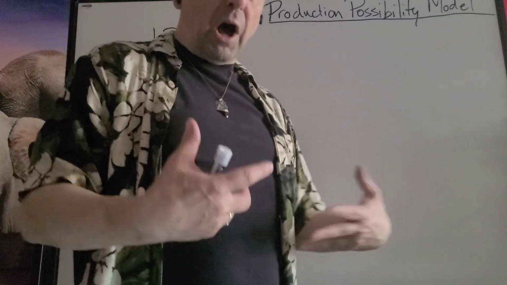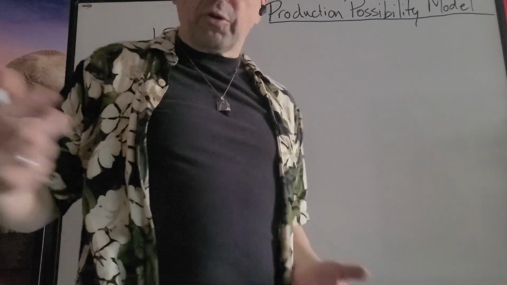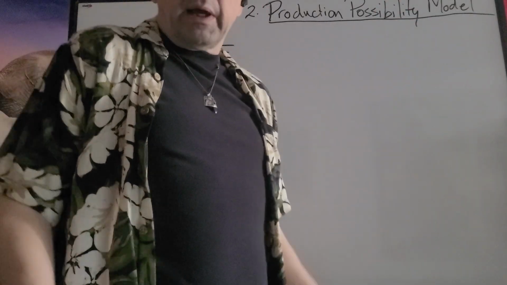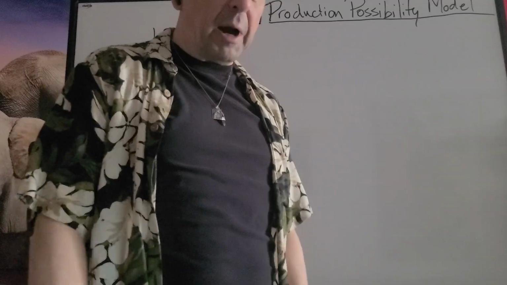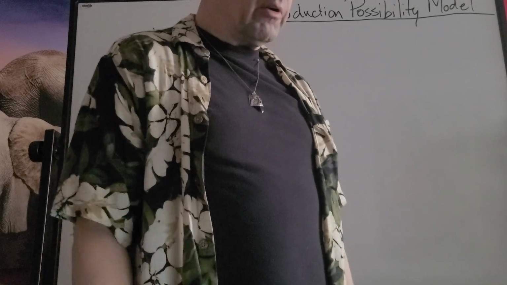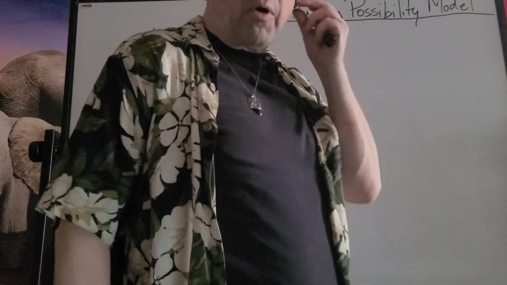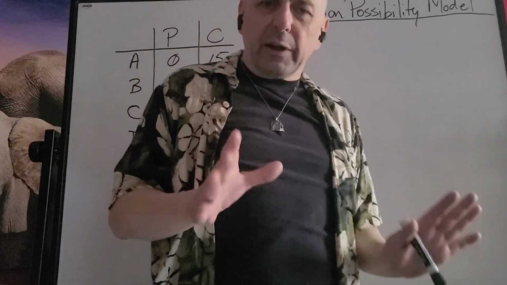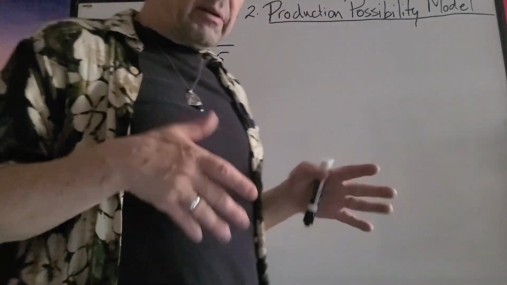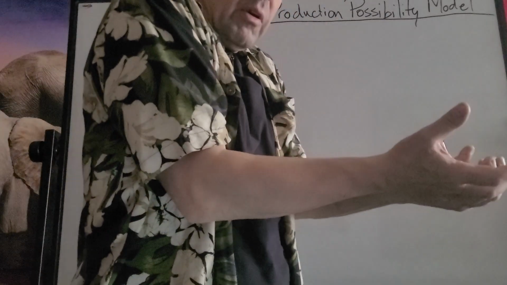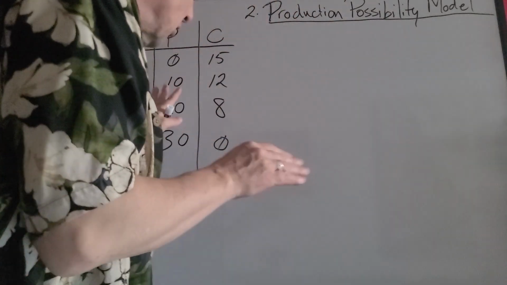Labor being our time and effort that it's going to take in order to go and do either of these things or both, and our capital being whatever tools we might have. We might have a dagger that's used for, I don't know, or a net that's used for scooping up crabs, or a dagger that's used for cutting the pineapple off of the tree. I'm just throwing it out there. I don't really know anything about hunting either, but that's the kind of thing we're talking about. We're going to take those supplies that we have, and given those resources, these are our limits.